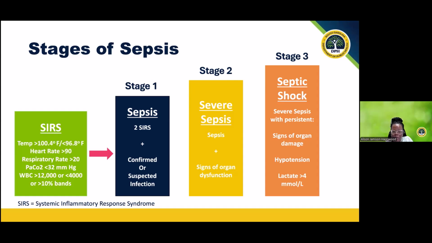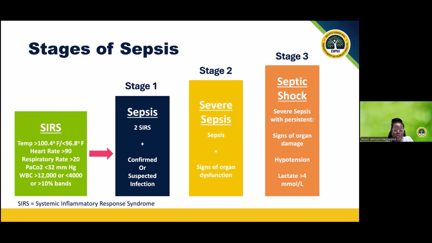It's the most abundant type of white blood cell in our body and makes up about 50 to 70% of all white blood cells. So we know if that's increased, those cells are trying to fight off this infection that's in the body. So that's an indicator that there's something going on.